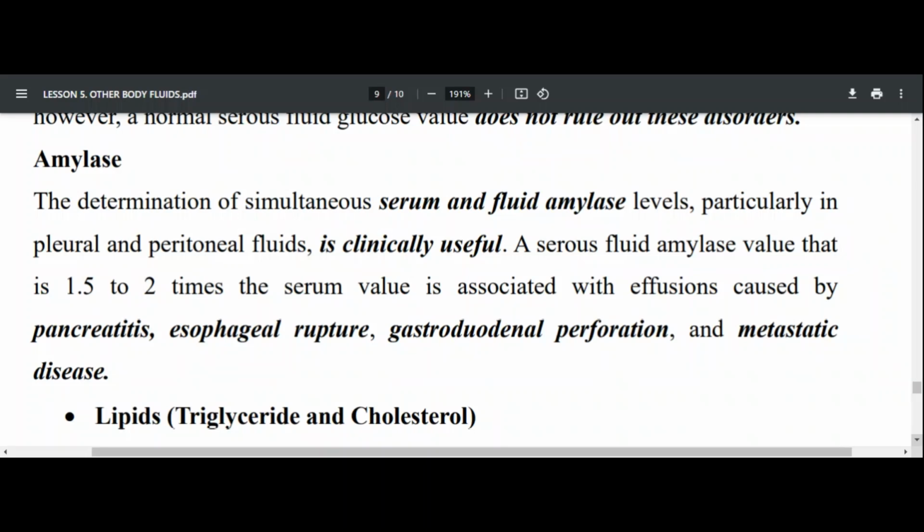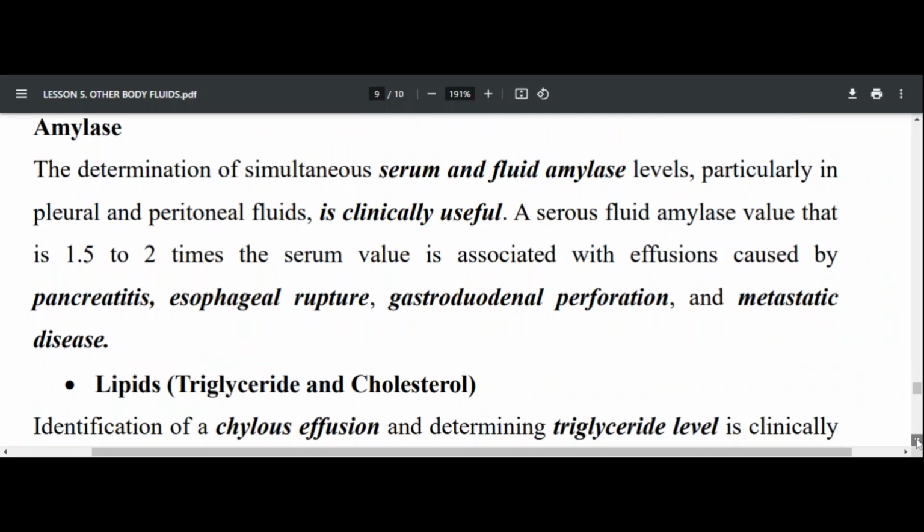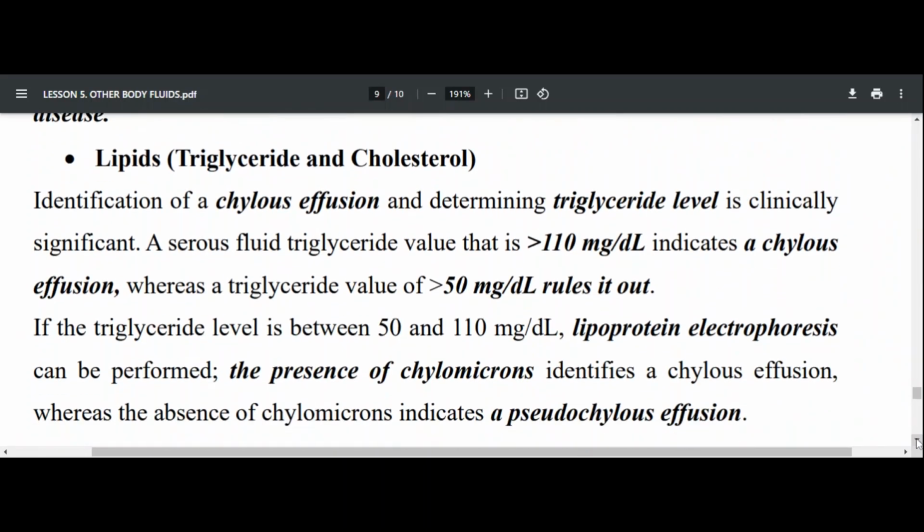So finally, we can also quantitate lipids, of course cholesterol, triglycerides, and chylomicrons, in order to differentiate between chylous effusion and pseudochylous effusion. For identification of chylous effusion, we must always determine triglyceride levels in the effusion fluid.